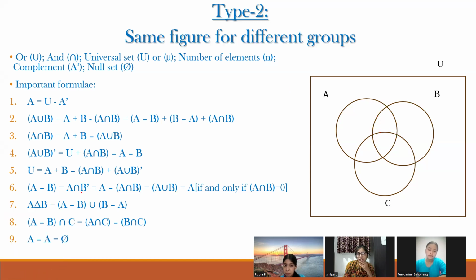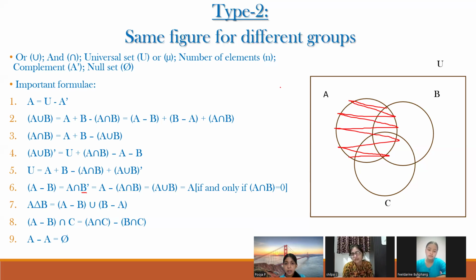What is meant by B complement? All that which does not belong to B. So when you say B complement, even this will be considered. Got it? Yes, ma'am. This portion is also considered, but is it a part of A difference B? Not completely.